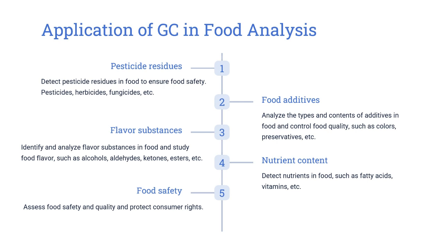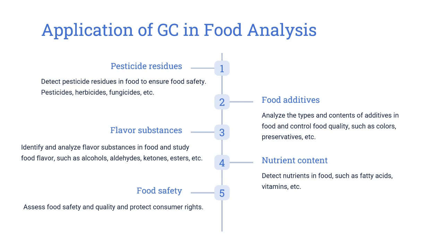GC plays an important role in ensuring food safety and quality through many applications. The first is pesticide residues. Detecting pesticide residues in food is important to ensure food safety. And the second is food additives. Analyzing the types and contents of additives such as colors and preservatives to control food quality.